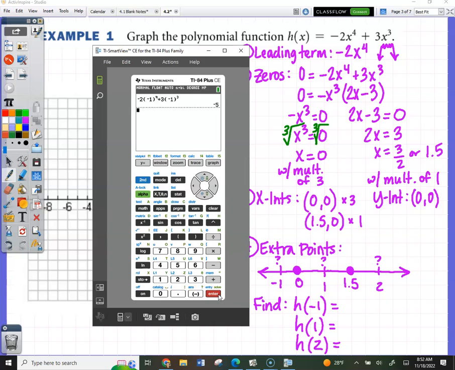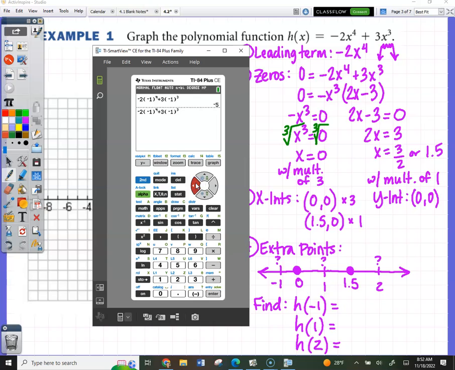Once you type it one time, let me show you a shortcut. Two things you can do. You can arrow up, highlight it, and just hit enter. Or you can hit second enter, and it'll repeat the last thing you entered, and then allow you to go over it and change the number as you need to.